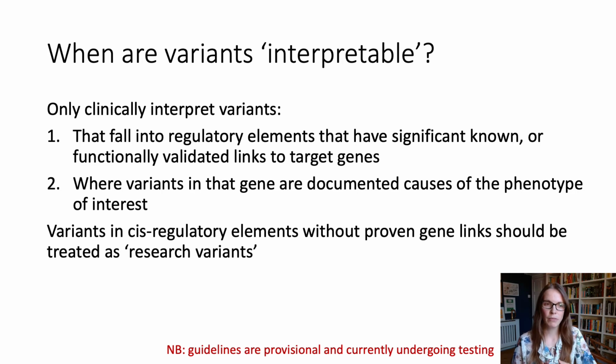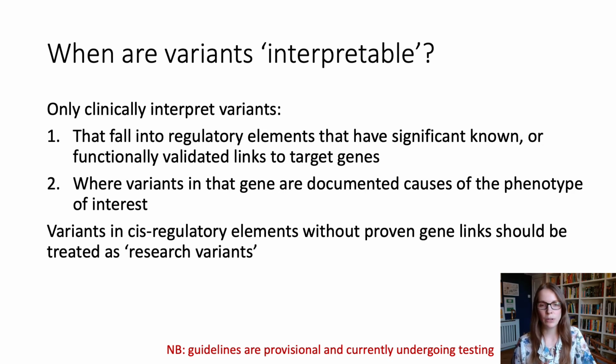So the guidelines clearly stipulate that we should only clinically interpret and report variants that fall into regulatory elements with significant functionally validated links to target genes, and that those target genes should be clear documented causes of the phenotype of interest. So you should only interpret variants within regulatory regions that are known to be associated with a gene that is on your panel of interest.